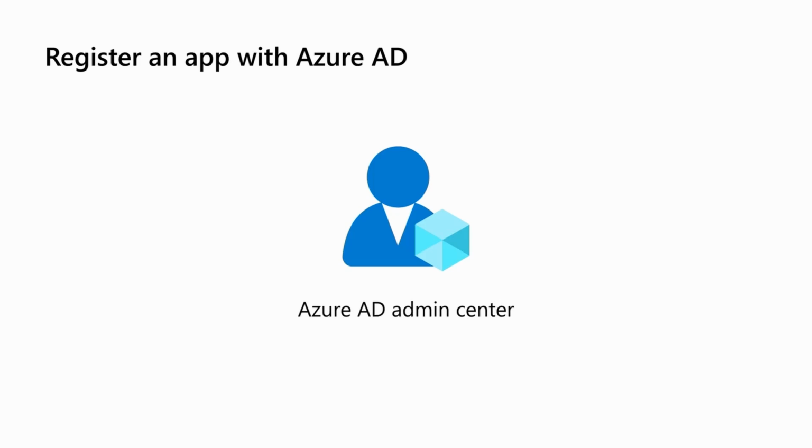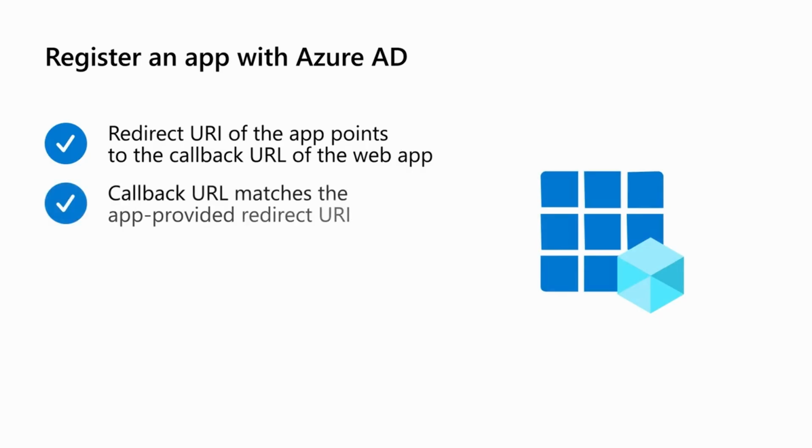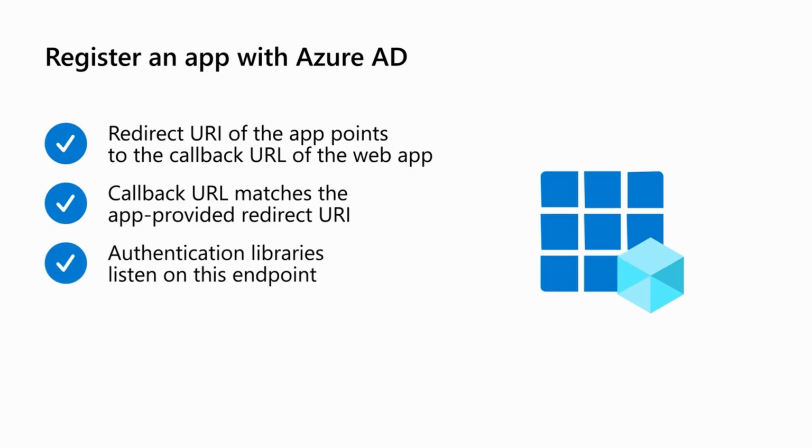When registering an app in Azure AD, ensure the Redirect Uniform Resource Identifier, URI, of the app points to the callback URL of the web app. This callback URL must match the redirect URI provided by the app when the authentication process starts. The authorization code will be sent to this endpoint, which means you need to configure any authentication libraries to listen on this endpoint and receive the authorization code.